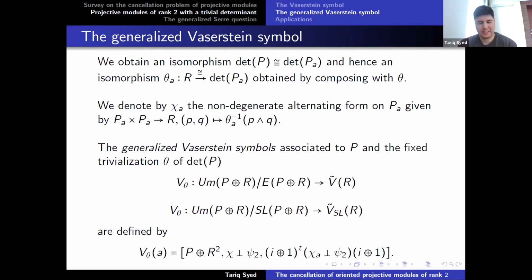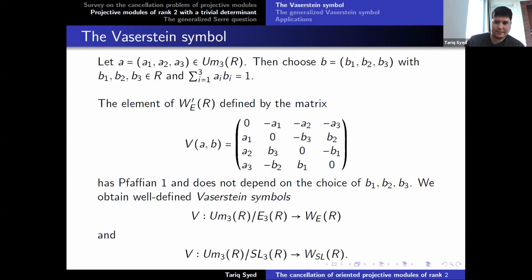Well, you can define the usual Vaserstein symbol as a universal Vaserstein symbol. So we have this map. This can be universally defined as a morphism, for instance, if we take smooth affine schemes over a base field in the unstable motivic homotopy theory. So you have a morphism from A3 without 0 to SL modulo SP.